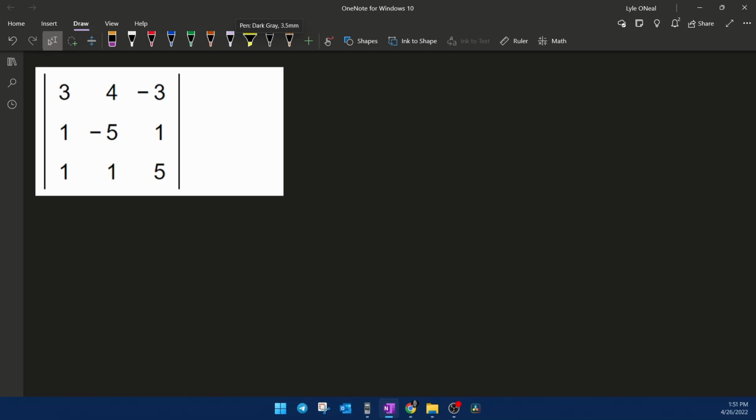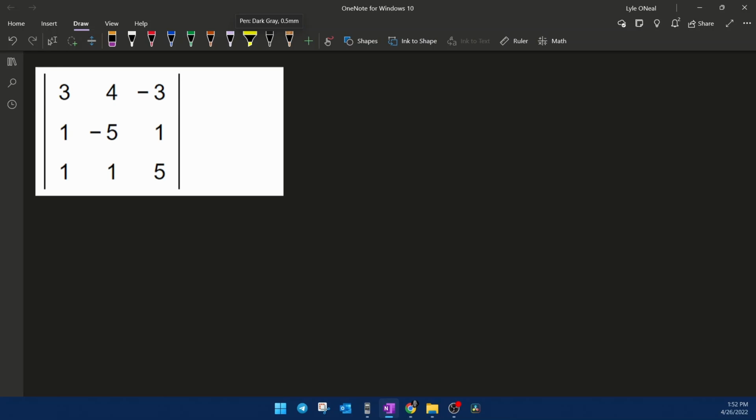We want to find this 3 by 3 determinant, and again, what I'm about to show you is what I call a shortcut. It's a technique that will work every time, and in my opinion is a little bit easier to understand than expanding around minors.